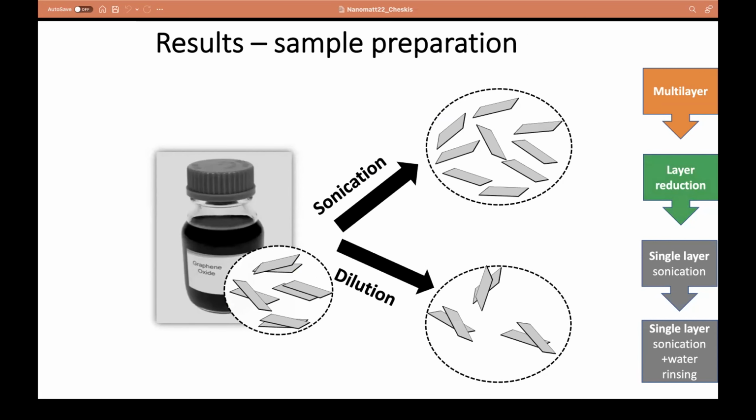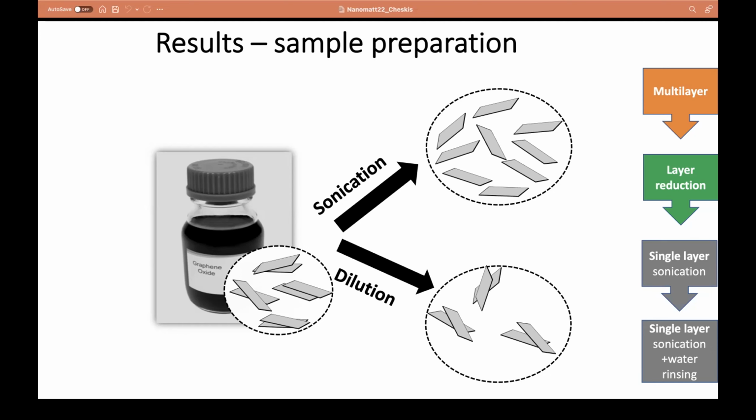Then we thought how we can make a single layer graphene. When you take the industrial bottles that we get from the company that sells us this graphene oxide, this single layer graphene is diluted in ethanol.